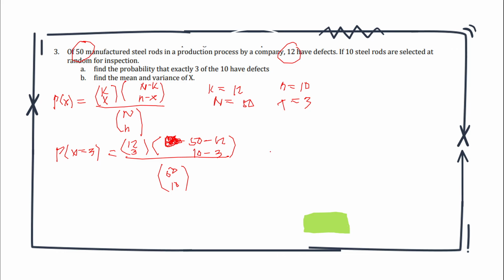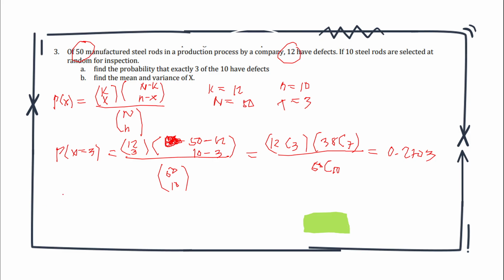So we have here 12 combination 3 times 38 combination 7 over 50 combination 10. So by the use of calculator, we have 0.2703.